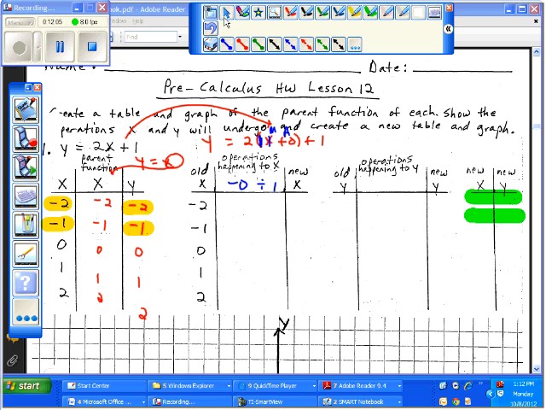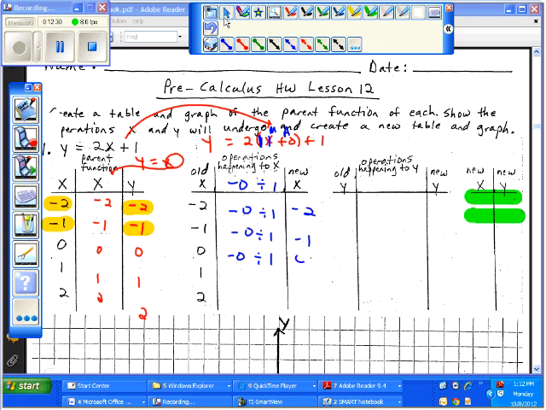Now, if I were to take negative 2 and subtract 0 and divide by 1, I would get negative 2 minus 0 is negative 2 divided by 1 is negative 2. In other words, nothing changes when you subtract 0 and divide by 1. You understand that? I would subtract 0 and divide by 1 and still have negative 1.